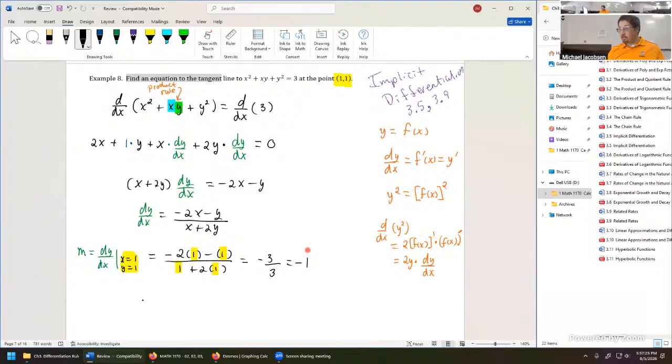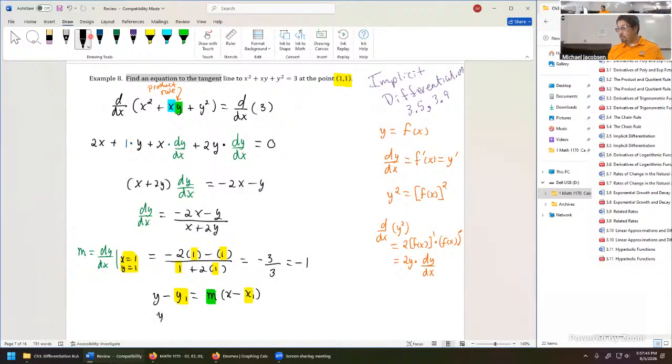Last thing to do, put it all together. Take y minus y1 is a slope m times x minus x1. We have the specific slope we want. We have the point we're interested in, so we'll drop in a 1 and a 1 for the x1, y1 this time.